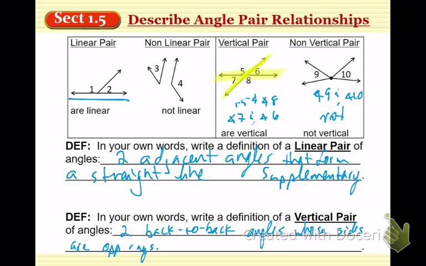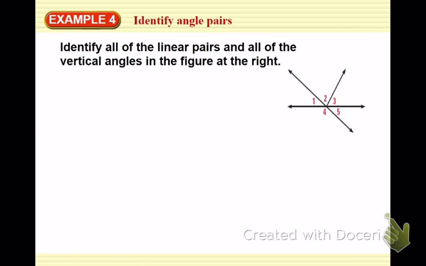We'll talk about different letter tracing that gives you different angle relationships, but this is the first one. We're looking for nice straight-lined x's. 9 and 10 don't do that. If you try to trace the sides, that's not any x that I've ever made. So we're looking for those x's.